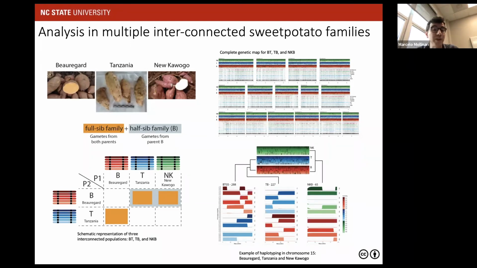And here what we are doing is, instead of using two populations, we are using multiple interconnected populations, meaning that some parents are shared between populations, and you can reconstruct the genotypes and have the mosaic of haplotypes for each individual in this multiple population setting, right?